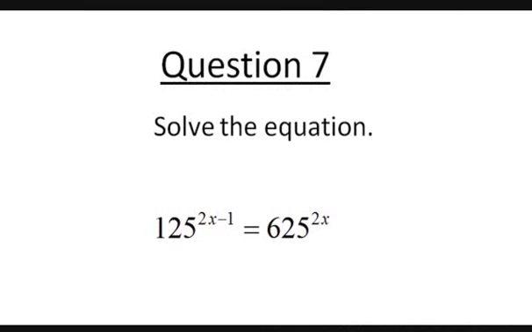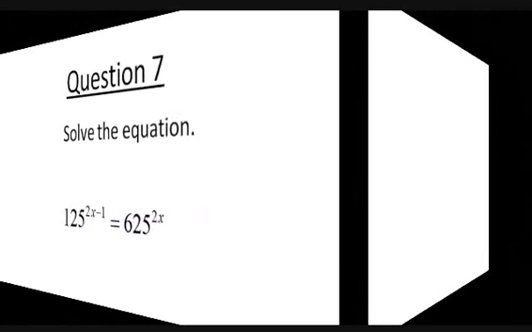Question 7, again it's another exponential equation. In this case 125 raised to the 2x minus 1 is equal to 625 raised to the 2x. Okay, solution for equation 7. Let me copy the equation.